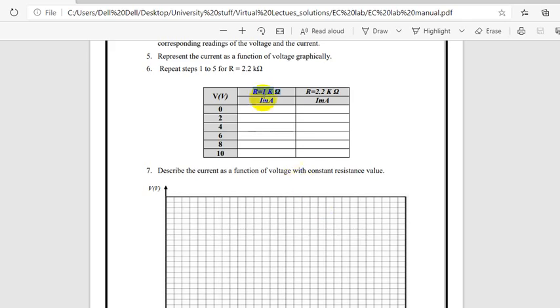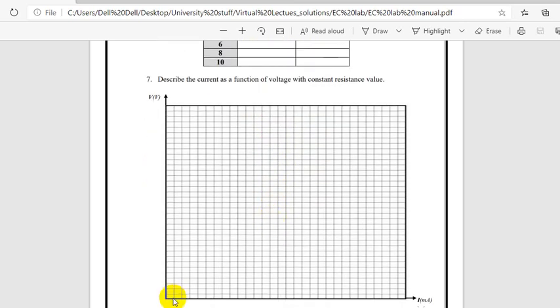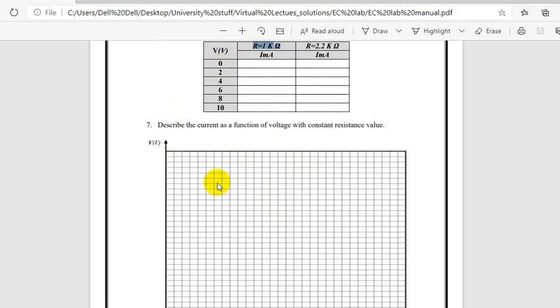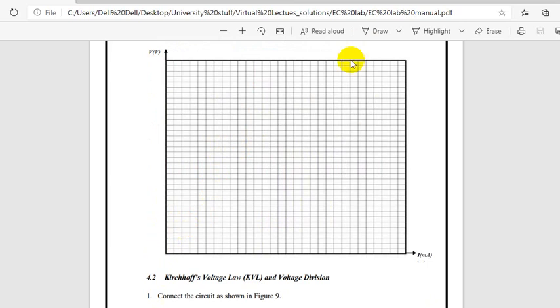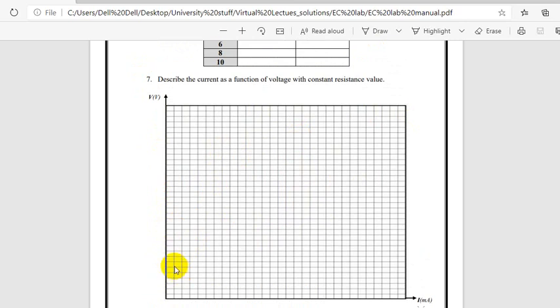Brothers, just stop the video and write the values in the tabular form provided here. Okay, just write all the values. Okay, accordingly you can draw the graph. Okay, V versus I. This is V. Just write the scale. Okay, if you are using x-axis as 1 unit equals to 1 volt, just write it. Okay, so 1 2 3 4 5 boxes are 2 volt, 2 4 6 8 10.